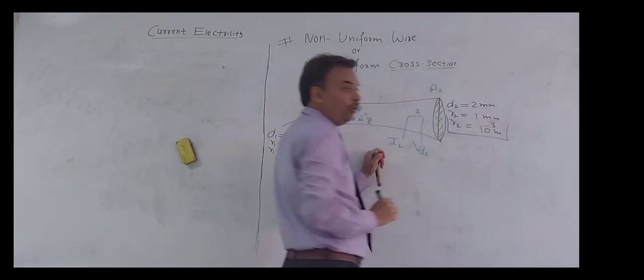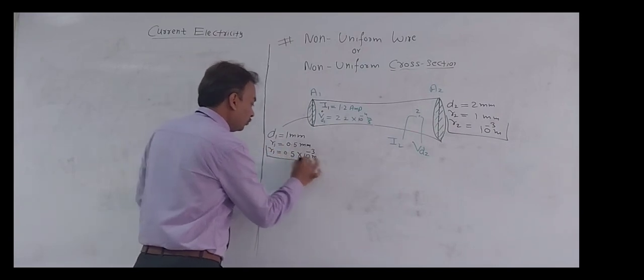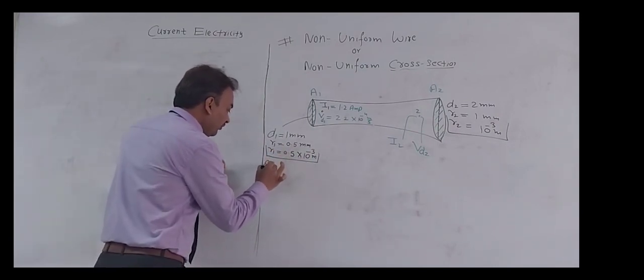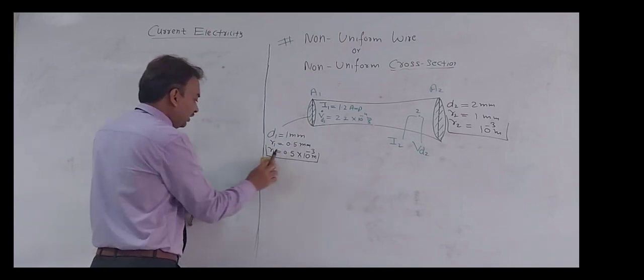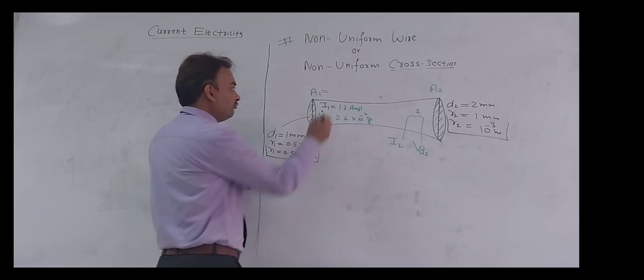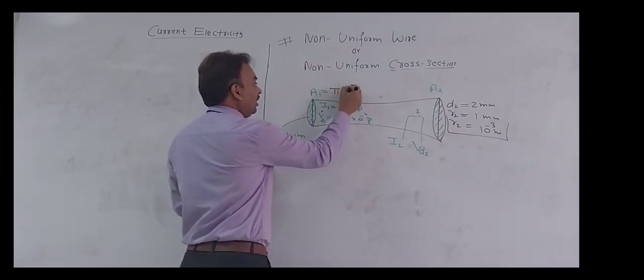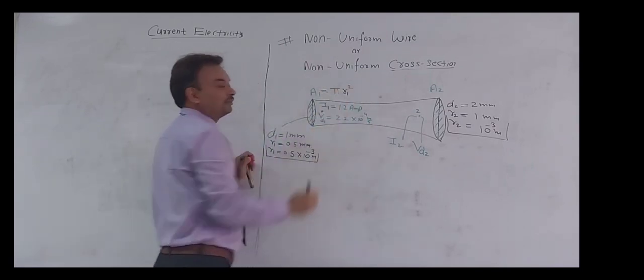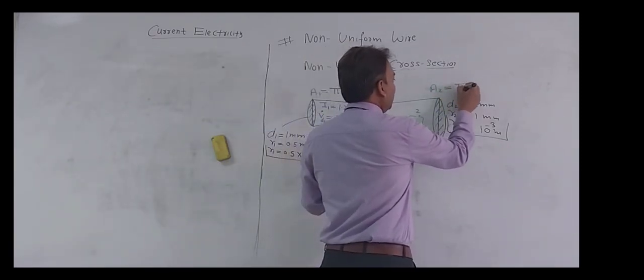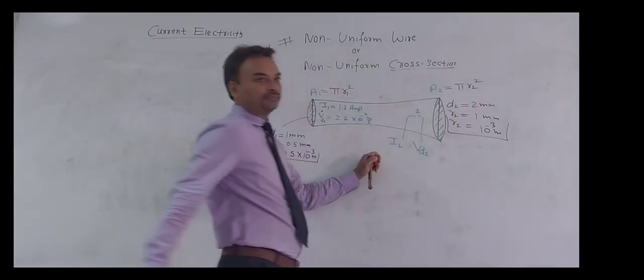So R2 is known, R1 is also known. Now we can find the area. A1 is equal to pi R1 square, and A2 will be equal to pi R2 square.